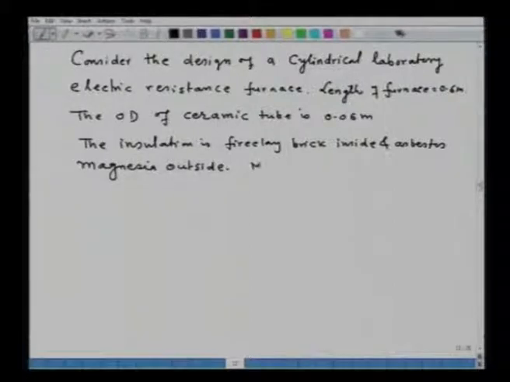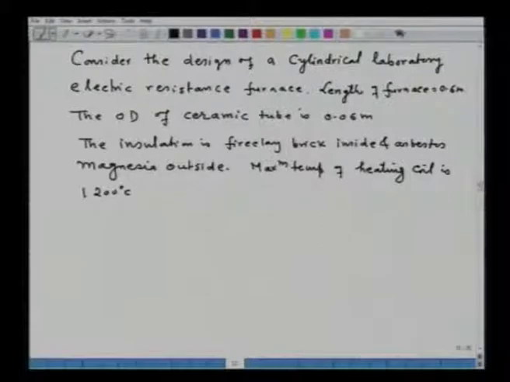The maximum temperature of the heating coil is 1200 degrees Celsius at 750 watts at steady state.